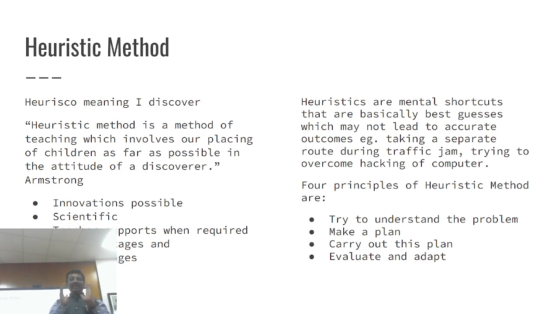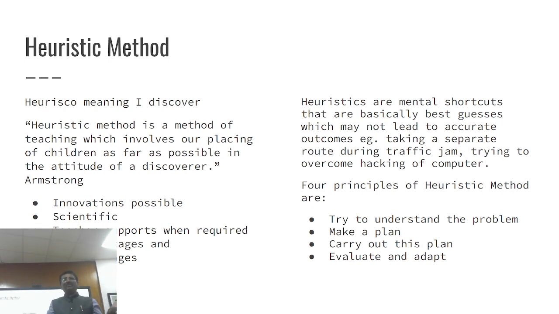For example, suppose taking a separate route. If you are going on a road and come across a lot of traffic, what do you do? Suddenly you discover, okay, let me take a bylane so that I can avoid the traffic. You may avoid the traffic or you may fall into congestion again.